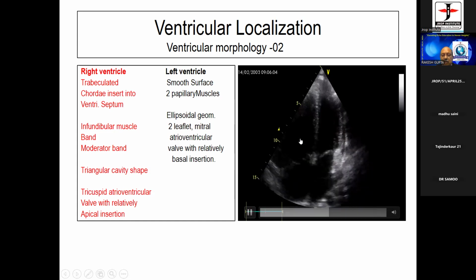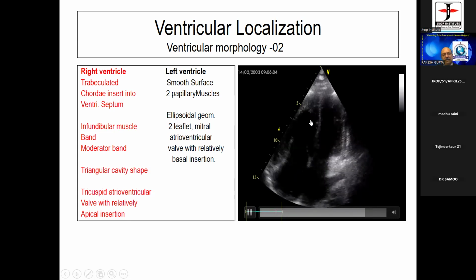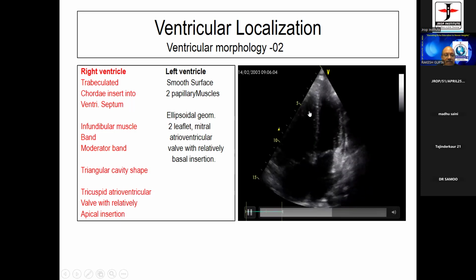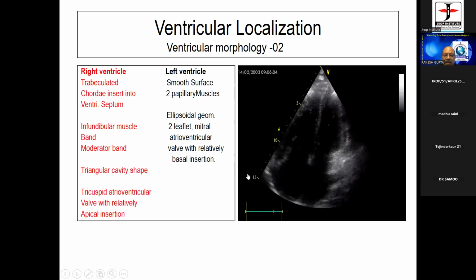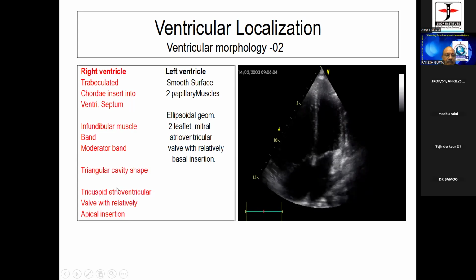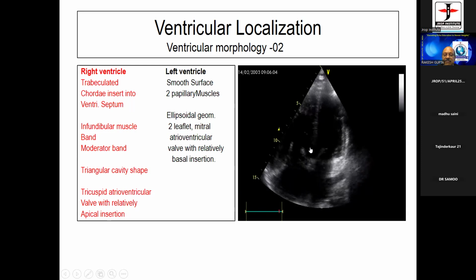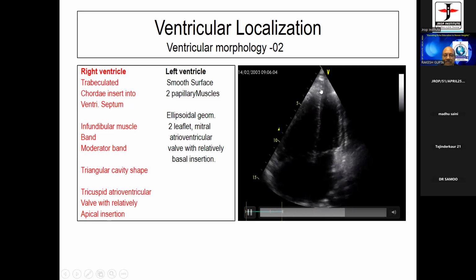All these cords are attached to the septum, the interventricular septum. So the right ventricle is heavily tuberculated, with chordae inserting to the ventricular septum, and an infundibular muscle band in the RV apex, which we call the moderator band. It has a triangular cavity, and the tricuspid atrioventricular valve is apically inserted, a little towards the apex.